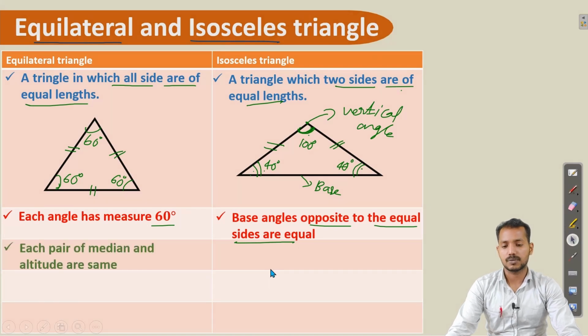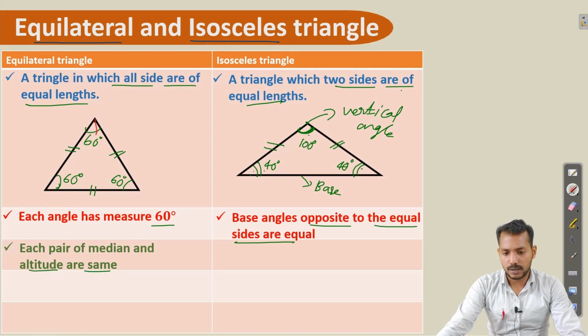Next one is that each pair of median and altitude is the same. That means if you draw a median from this vertex, suppose we name the triangle A, B, C, and D. You have drawn a median, that means it is dividing the side into two equal parts. Then that median will be the altitude of this triangle.